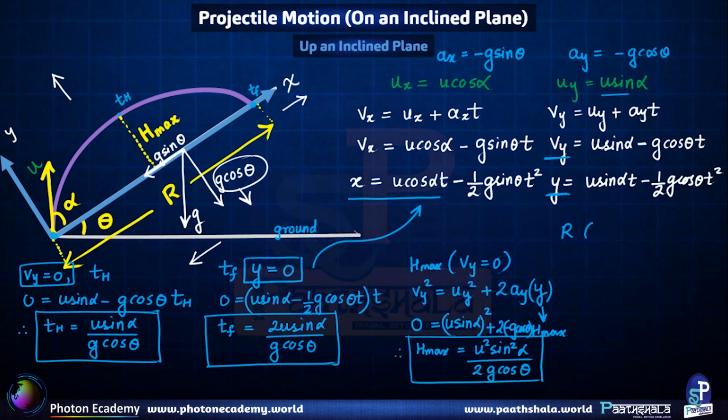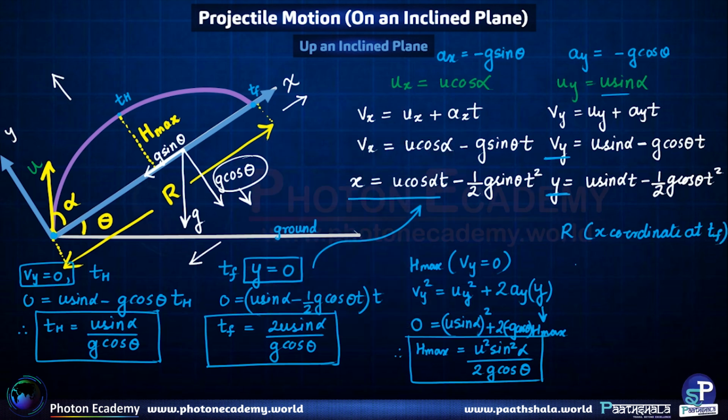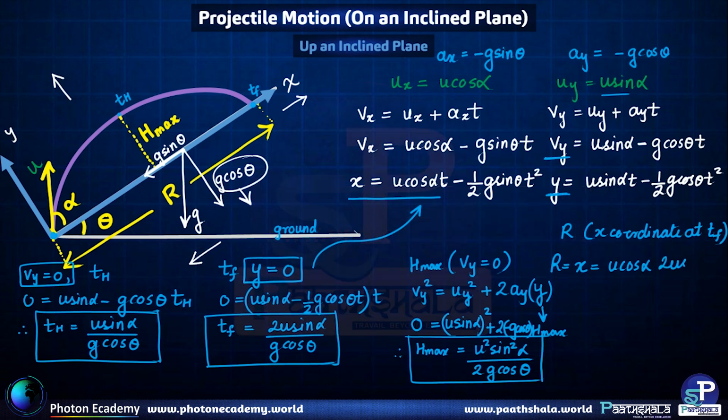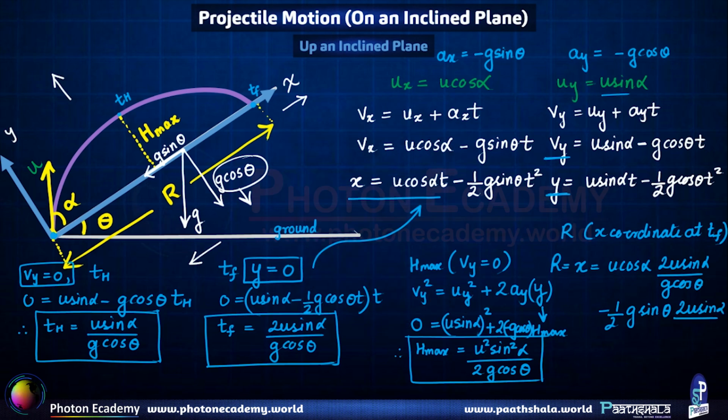So you get the range equal to u cos alpha into TF, minus half g sin theta into (2u sin alpha upon g cos theta) the whole square, where TF is 2u sin alpha upon g cos theta.